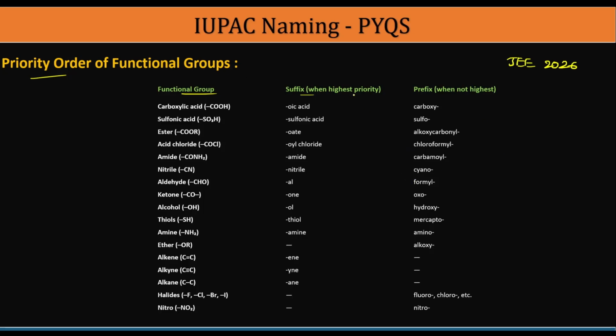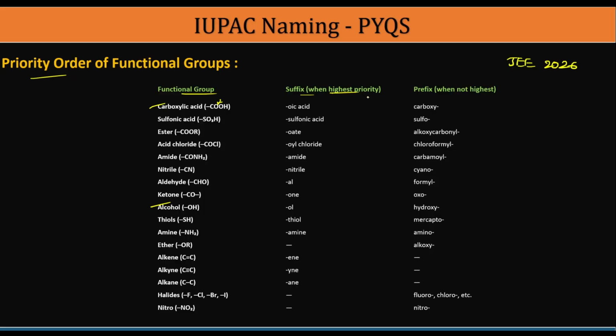And here this is a suffix. Whenever there are two groups in a compound, let's say for example COOH and alcohol are there, we give priority to COOH, and then alcohol acts like a substituent. In that case we add the suffix oic acid, like propanoic acid.